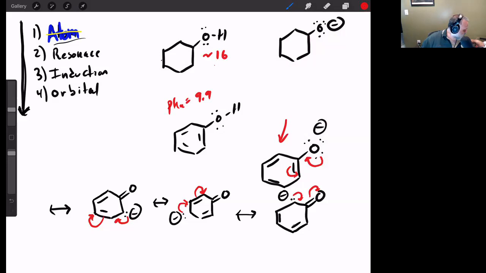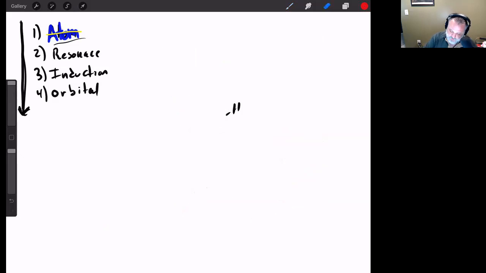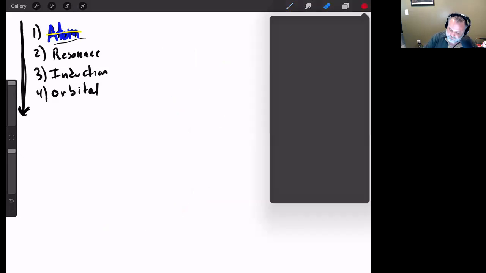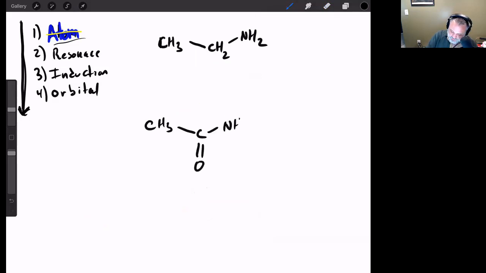All right, so let's take a look. What about one more example with resonance? How about something like this? What's a stronger acid? CH3CH2NH2 versus CH3C(=O)NH2.